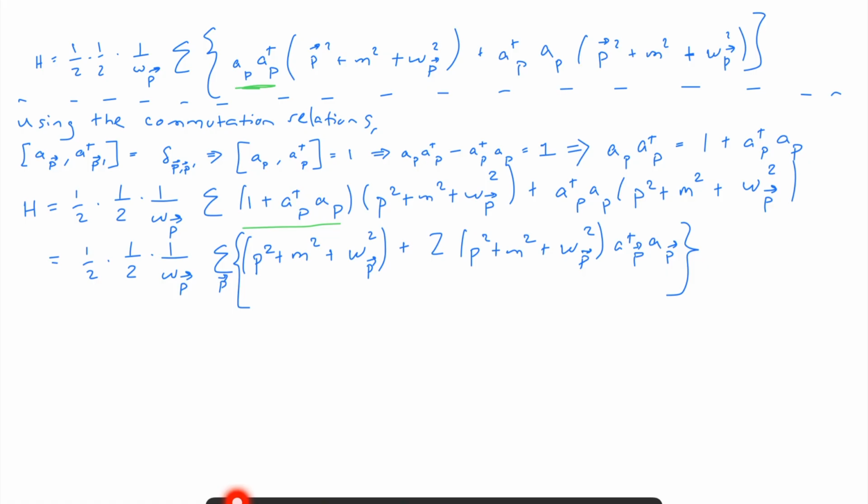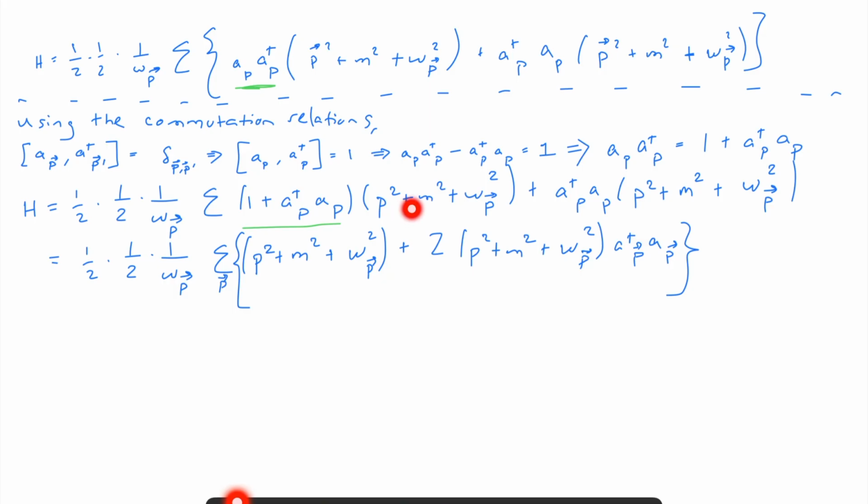Now we just expand things out. 1/2, 1 over omega p, sum over p still stays. And I can just now expand things a little bit. So I have 1 times this factor over here, which is p squared plus m squared plus omega p squared. That's just the 1 over here. Plus, then I have a†_p a_p, and then this whole thing, p squared plus m squared plus omega p squared.